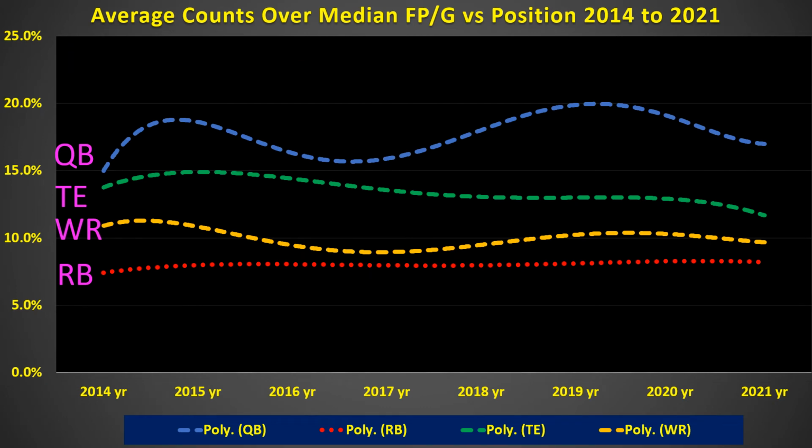I did the trend lines, average counts over median versus position, 14 to 21. And you can look at the trend lines. Quarterbacks are the highest. And you see that over the last 8 years, quarterbacks kind of peaked in 15, dropped in 17, peaked again in maybe 19, 20, and 21 went down. But look at the distance between the quarterbacks in the last couple of years and the tight ends, wide receivers, and running backs.